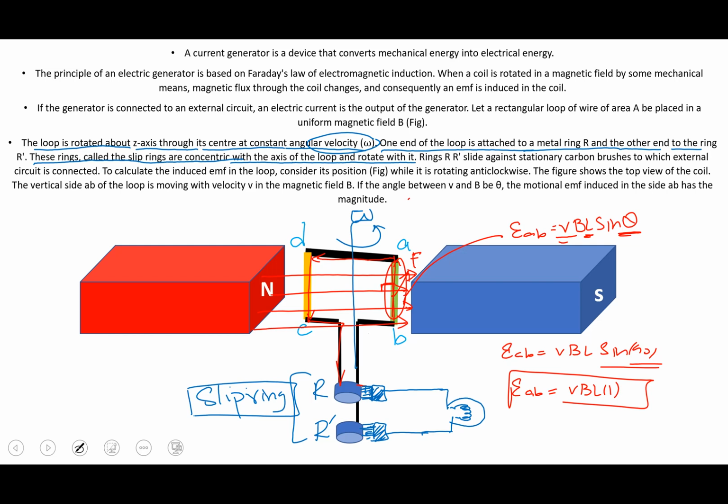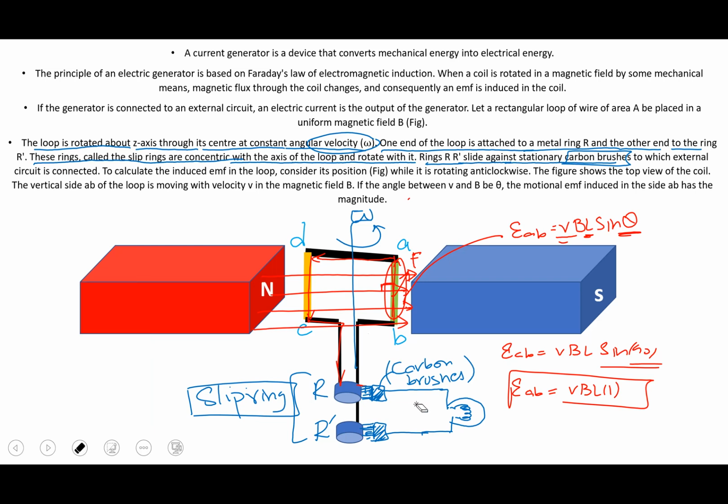And they are touching the carbon brushes over here, so that the current is given to the external circuit. The rings R and R dash are sliding against the stationary carbon brushes. So here are the carbon brushes, which basically supply the current to the external source.